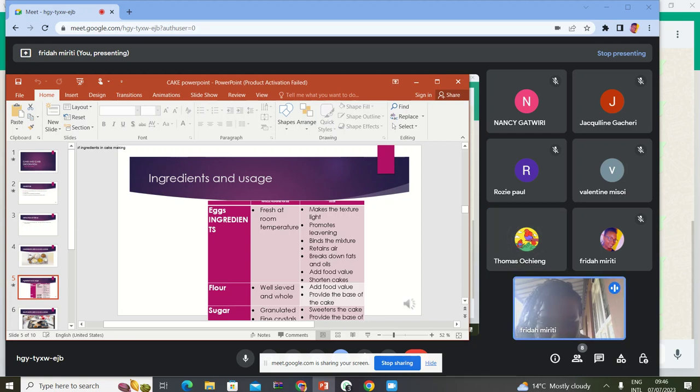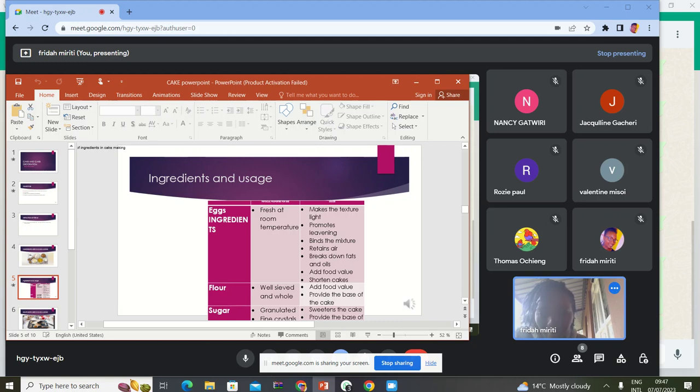Anyone who can try else? Makes the texture light. Yes. It promotes leavening. It binds the mixture. It retains air. It breaks down fats and oils, and it also has food value, just like Thomas said.